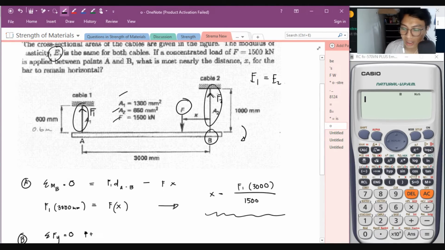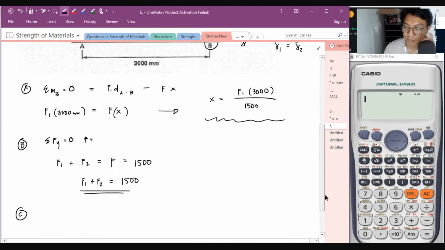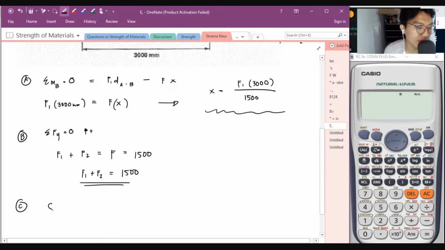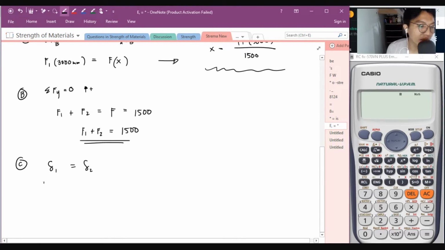Ibig sabihin, yung deformation at 1 will be equal to the deformation of 2, kasi pareho sila ng E. Meron tayong F1 L1 over A1 E1 equal to F2 L2 over A2 E2.